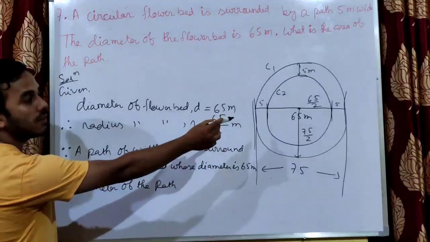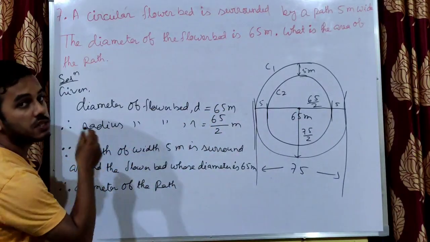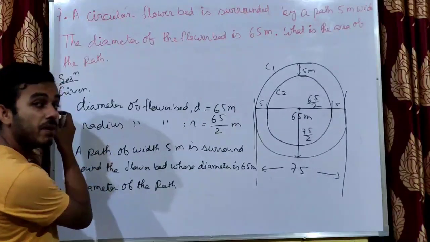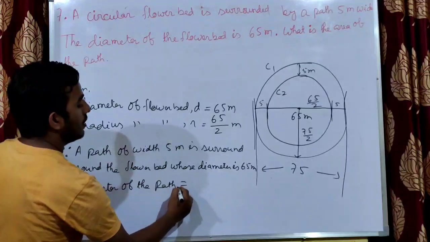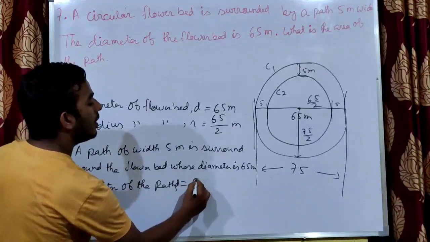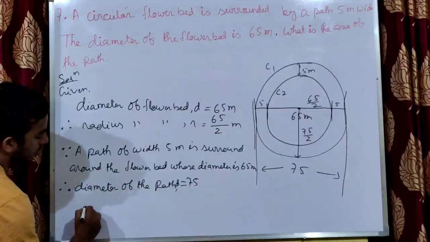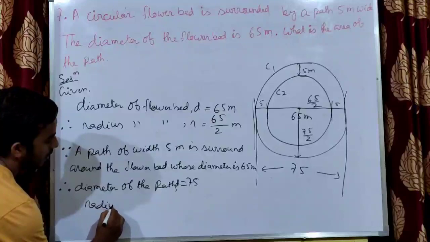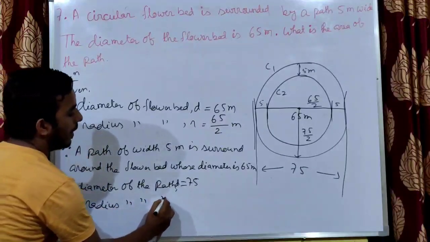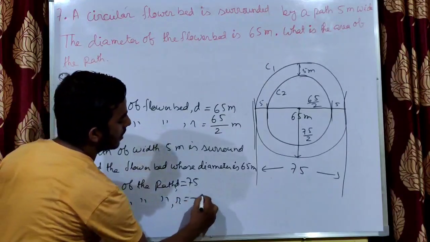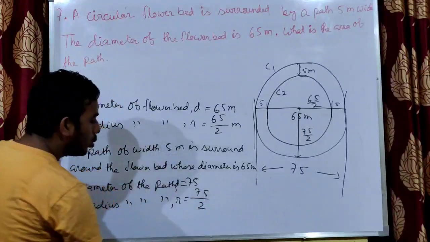Therefore diameter of the path will be how much? As I told, 65 plus 5 plus 5, that is 65 plus 10. That is 65 plus 10, d is how much? 75. So diameter of the path is 75, therefore radius of the path, r equals how much? 75 by 2.